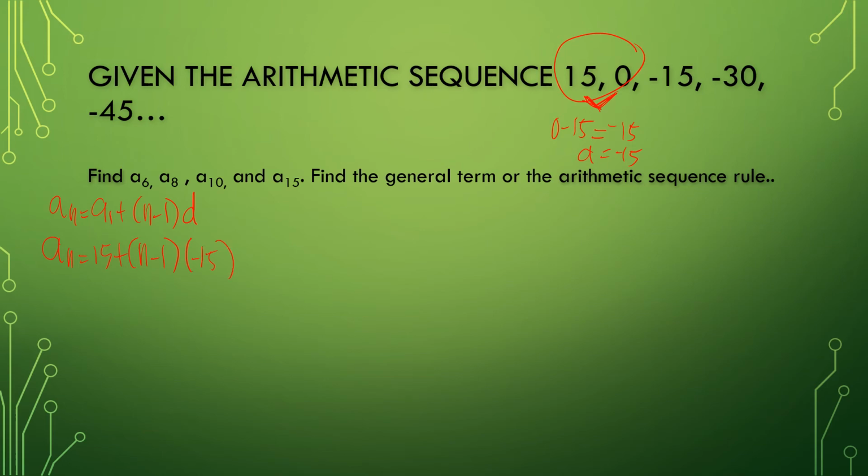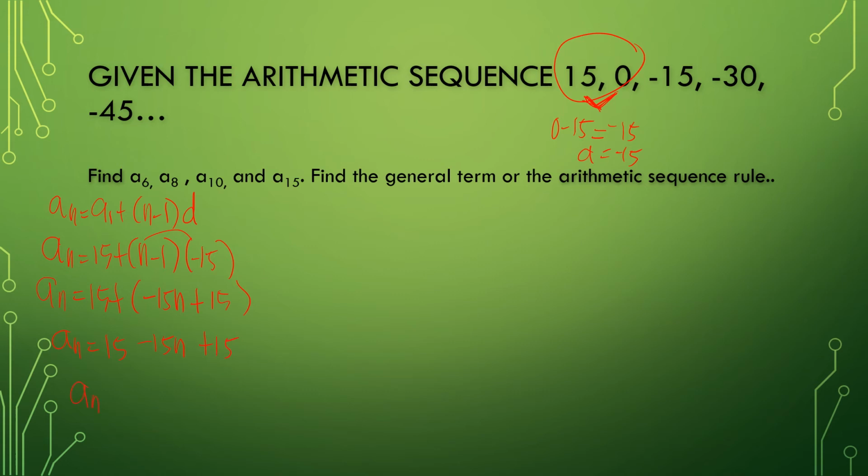Then, simplify. a sub n is equal to 15 plus, by distributive property, n times negative 15, that is negative 15n, plus negative 1 times negative 15 is 15. So, let us simplify. This is equal to 15 minus 15n plus 15.